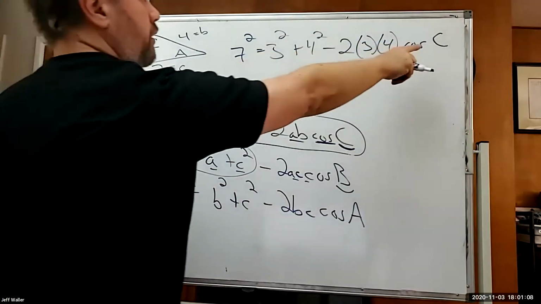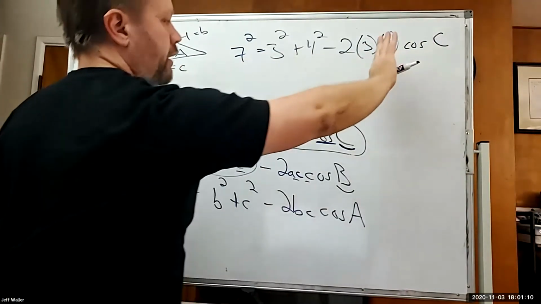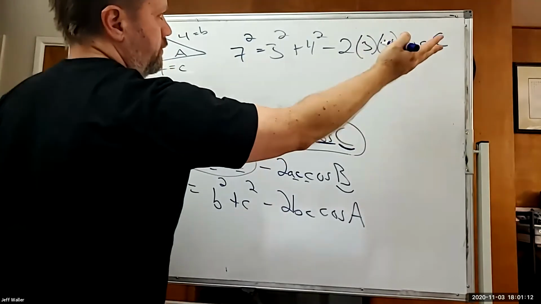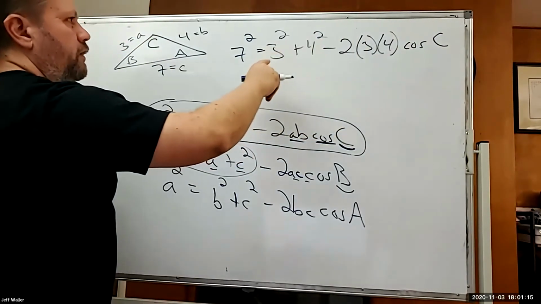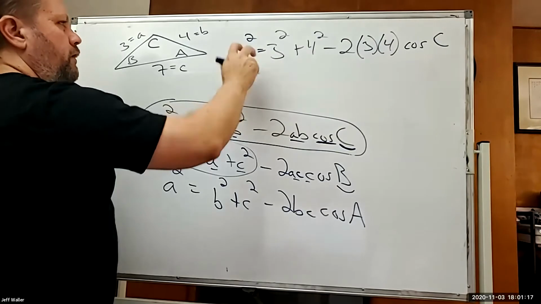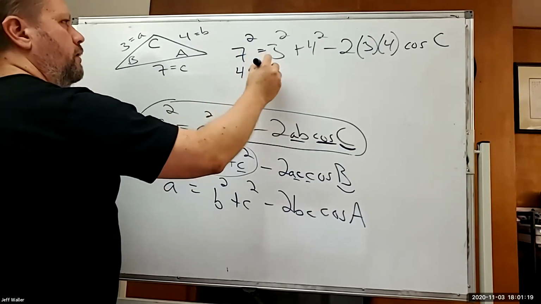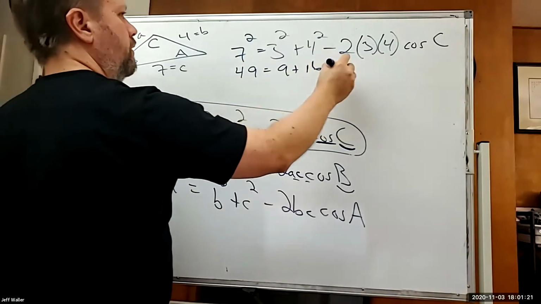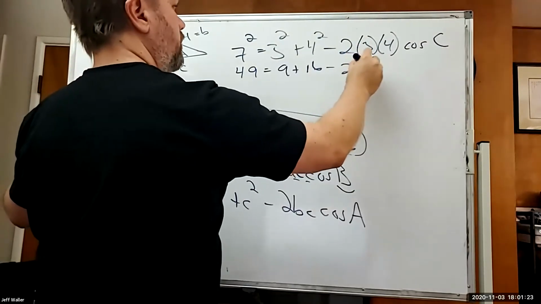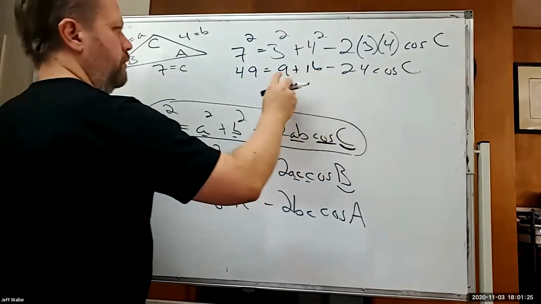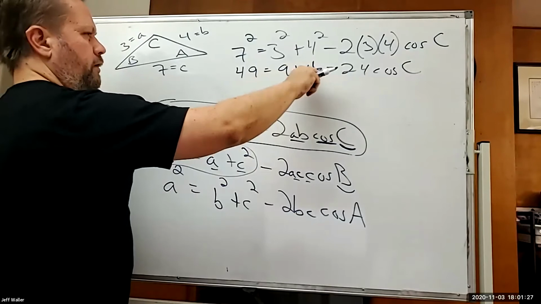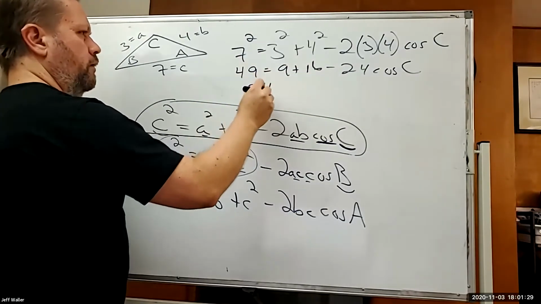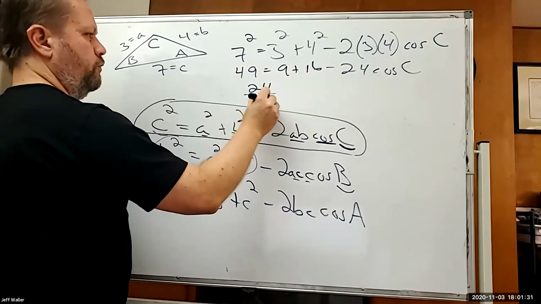And so now I can just solve for cosine C, and then I can take an inverse cosine. Let's see if we can do this. So it'll be 49 equals 9 plus 16 minus 24 cosine C. So it'll be 24 divided by negative 24.